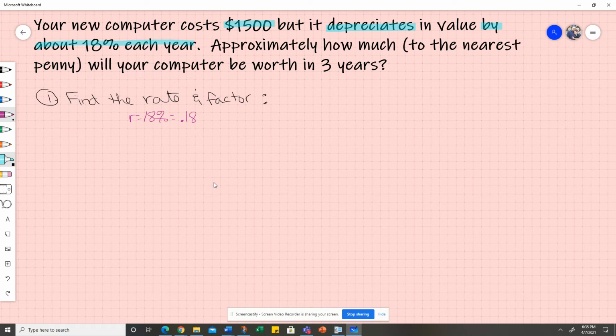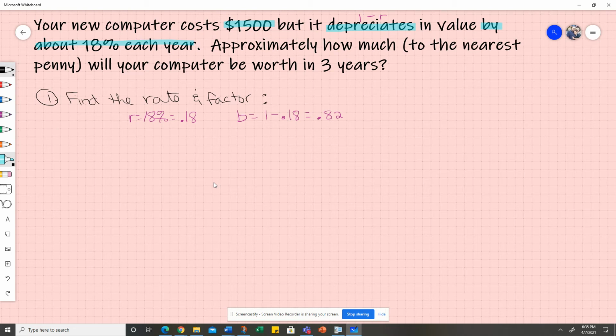Because it depreciates, that means we're going to do 1 minus the rate. So for our factor, we're going to have 1 minus 0.18. So when we subtract 0.18 from one whole, we're going to get 0.82. Okay, that's how much of the value it retains, how much of the value it keeps each year.